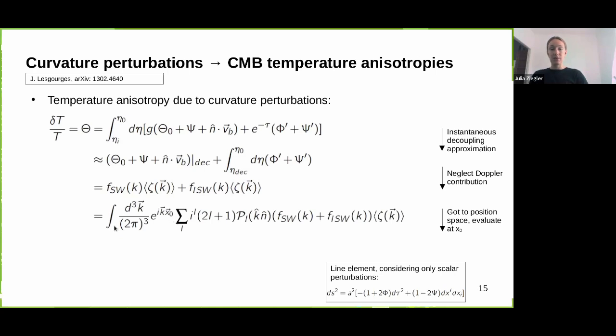Then we get this integral, we get some Legendre polynomials, have to sum over these, but still we have the Sachs-Wolfe, integrated Sachs-Wolfe contribution and the curvature perturbation here. So this is the final expression. So this is the temperature perturbation divided by the background temperature of the CMB.